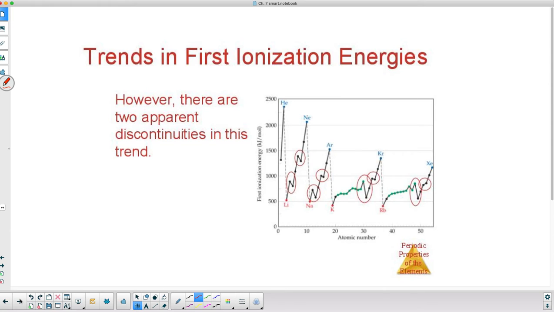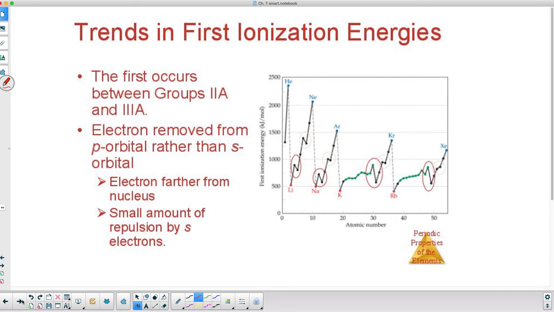So trends in the first ionization energy, however, there are two apparent discontinuities in this trend, and it happens here and it happens here. Now, why is that? Well, the first one occurs between groups 1A and 2A. The electron is removed from the p orbital rather than the s orbital.